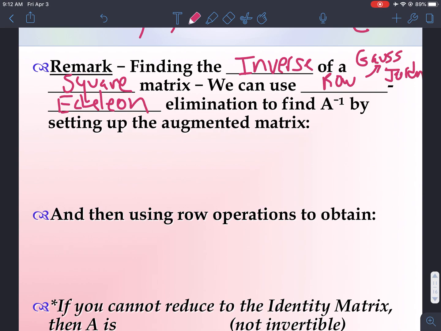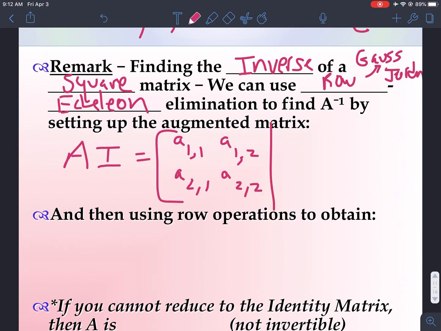So we can use Gauss-Jordan elimination to find the inverse of a matrix by setting up an augmented matrix, A | I, and we'll put that vertical line there. That's my augmented matrix. Use row operations to shift that identity matrix to the left-hand side.